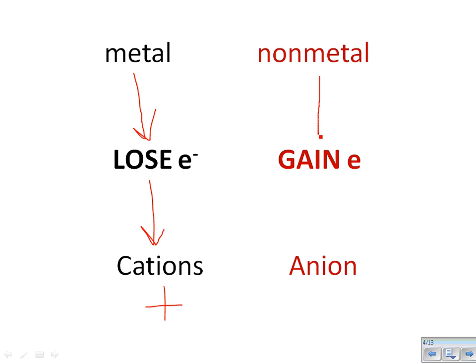Our nonmetals will gain electrons to form anions. Our anions are our negative ions. Those two ions will be attracted to each other by their opposite charges. They will form a bond from electrostatic attraction.